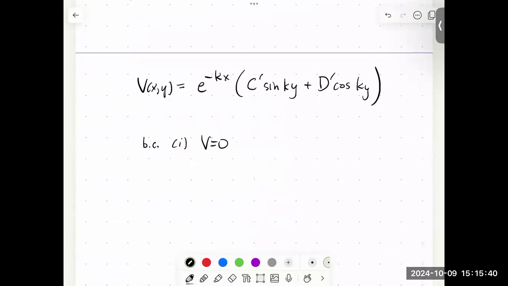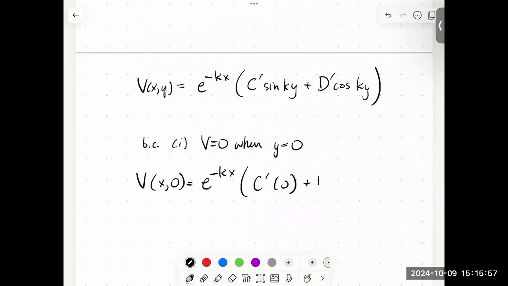V equals 0 when y equals 0. Okay, so v of x when y is 0 is e to the minus kx times d prime cos 0 plus c prime sine 0. What's sine of 0? That's 0. What's cos of 0? 1. And we need this to be 0. What does that mean?